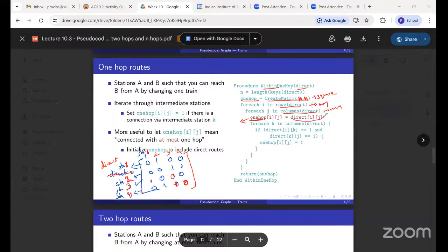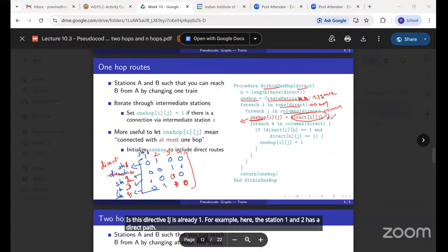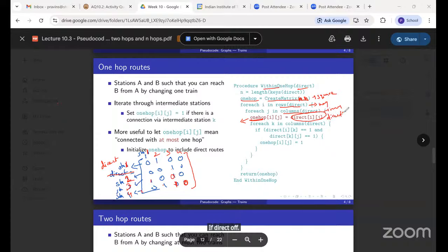If this direct of ij is already 1, for example here, station 1 and 2 has a direct path, if direct of 1 and 2 is already 1, I don't need to check for an intermediate path between 1 and 2. That's why we are just initializing this one-off of ij as direct of ij. Whether it is 0 or 1, that is fine.